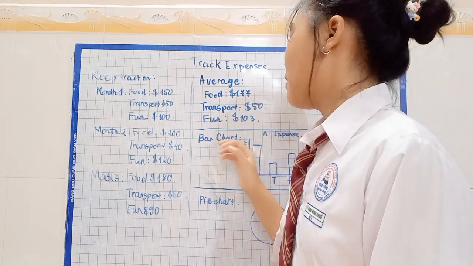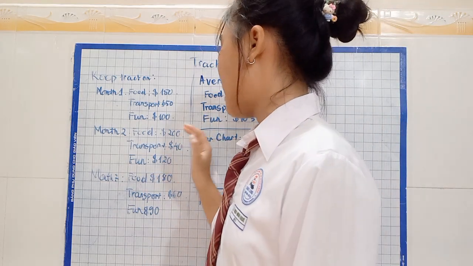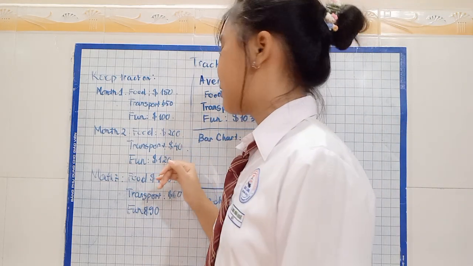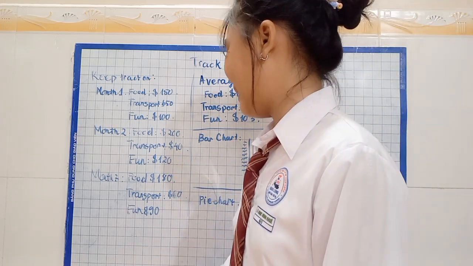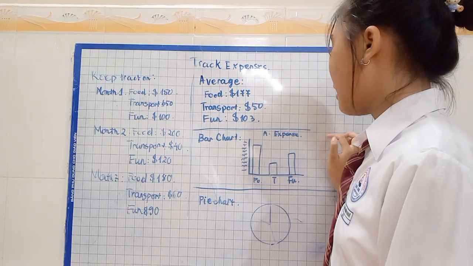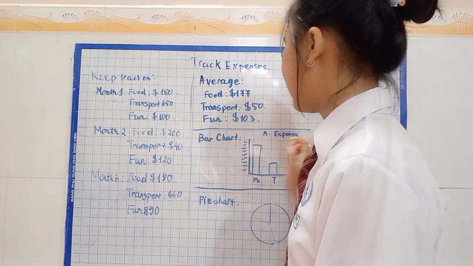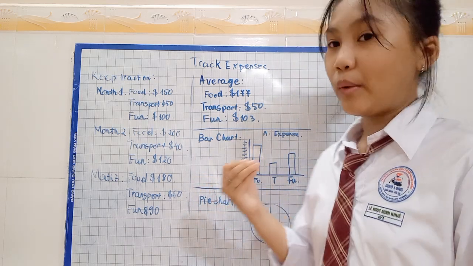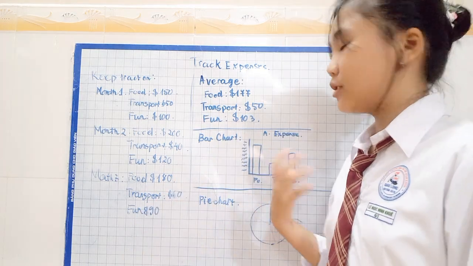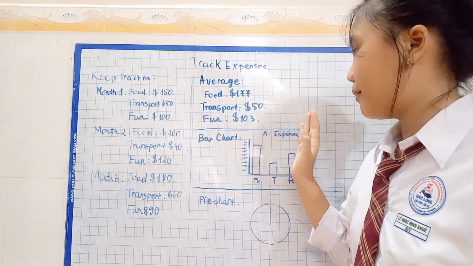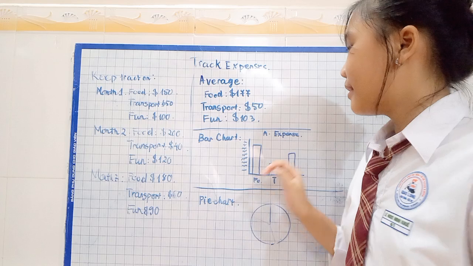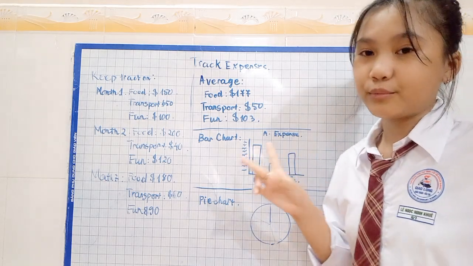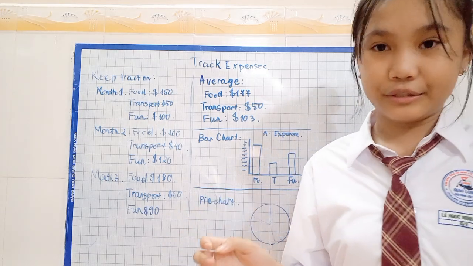And on to fun, we add 100 plus 120 equals 220, plus 90 equals 310. And when we divide it, it's going to be roughly $103.